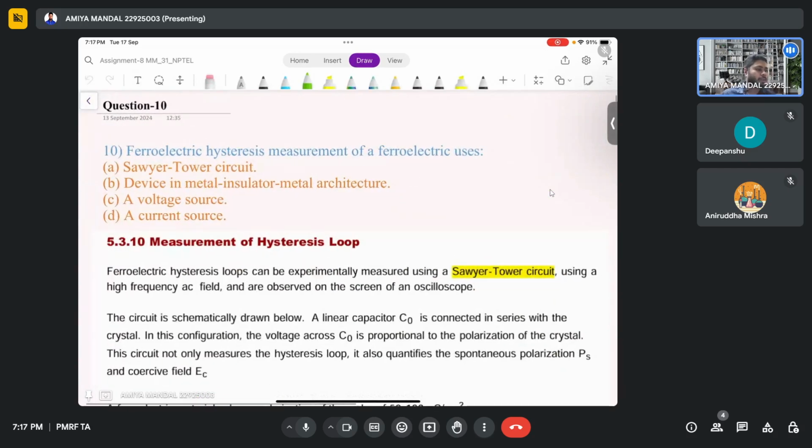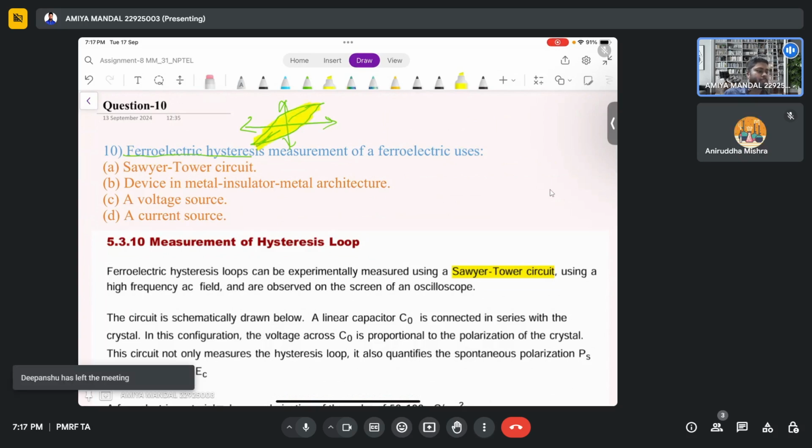Question 10 is about ferroelectric hysteresis loop measurement.